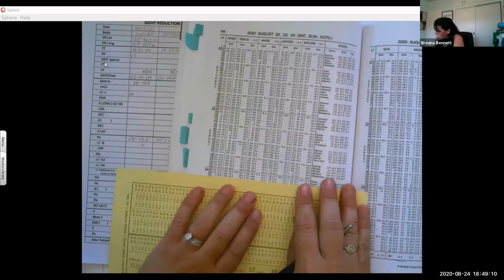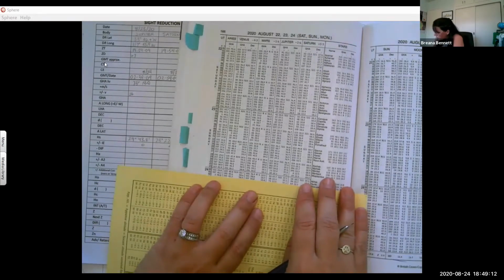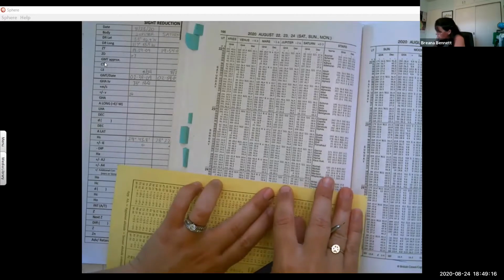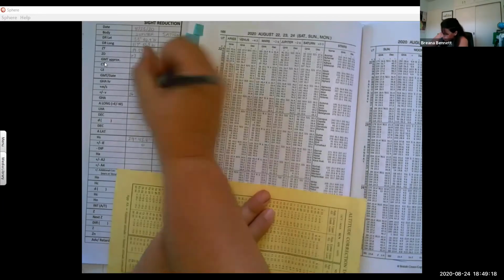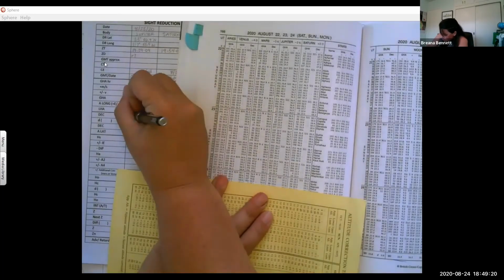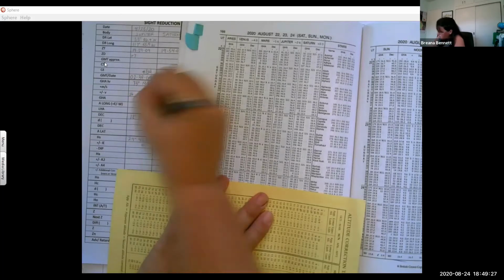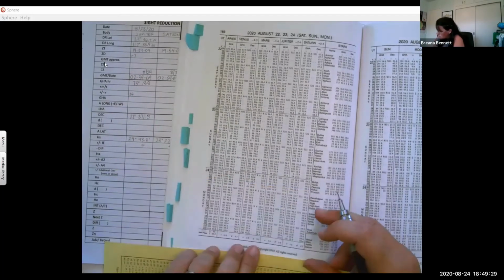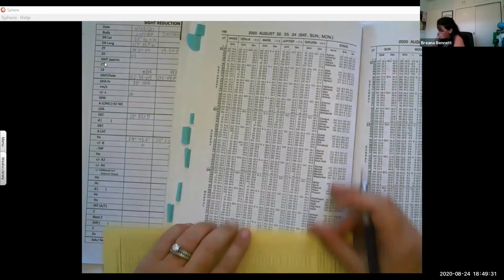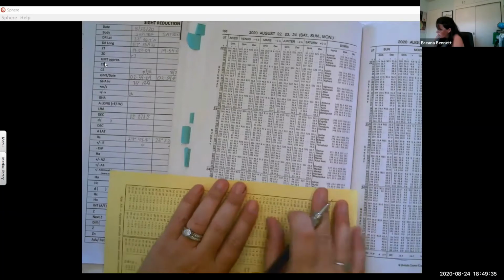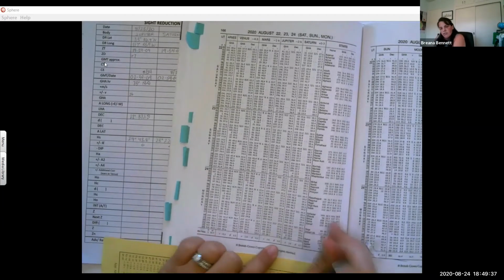My declination for Jupiter is 2237.1. And that was south. And so my little d is 0.